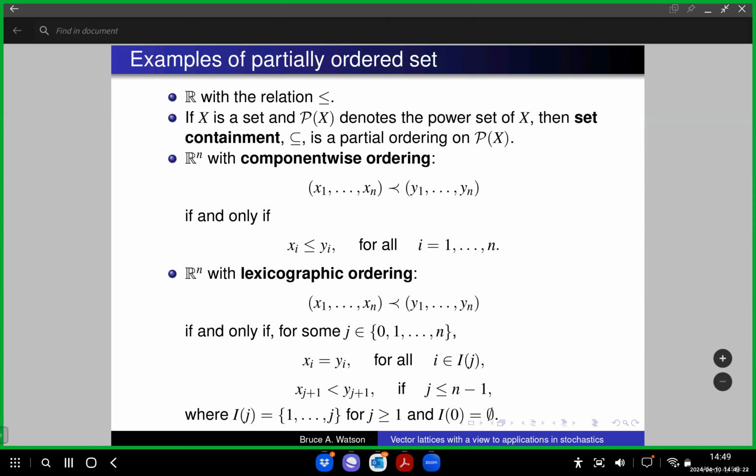I'm not aware of any specially set up software, but the economists actually do use a whole lot of these notions in mathematical economics. In particular, they work in Rn with component-wise ordering.